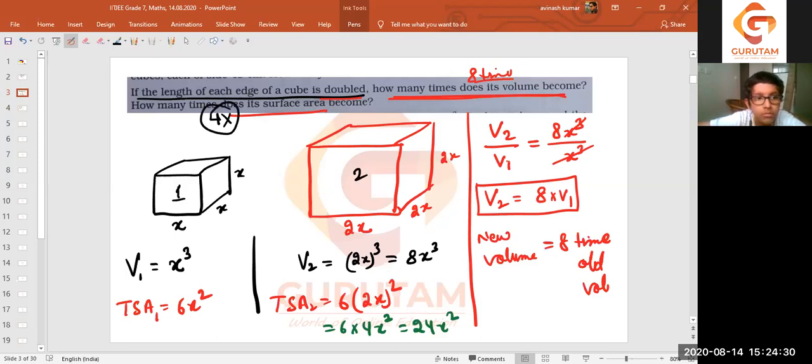So please make a note of all these things with a figure also, because it was a good question. And draw a cube.